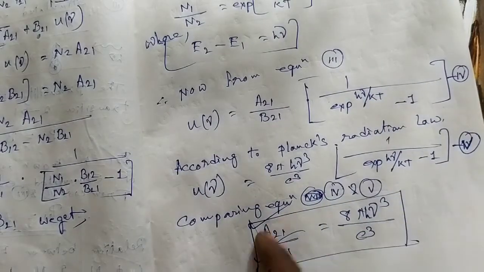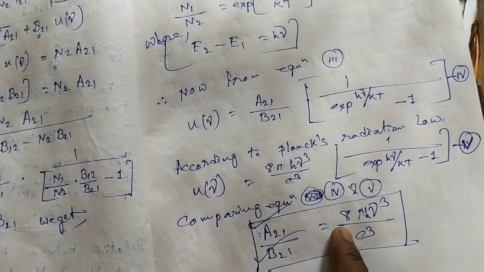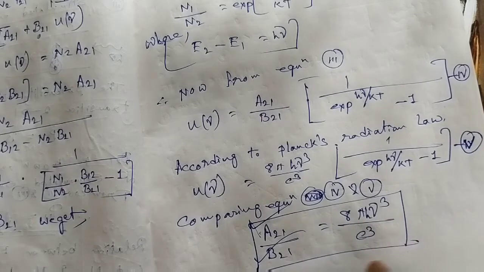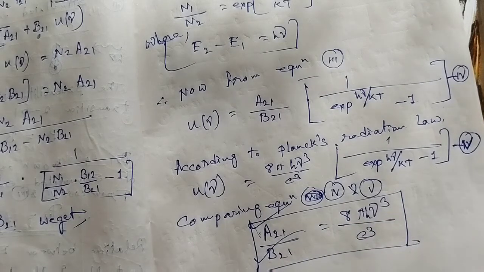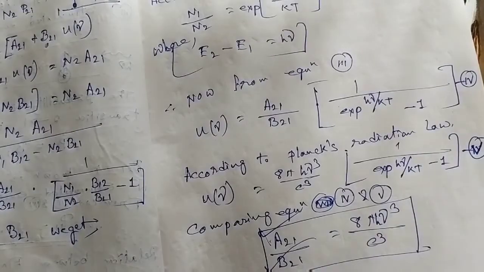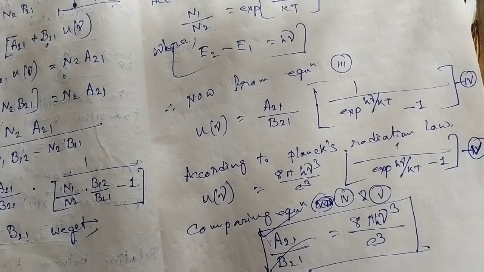We get the A21 by B21 ratio as 8 pi h nu cubed by c cubed. This is the Einstein AB coefficient relation.